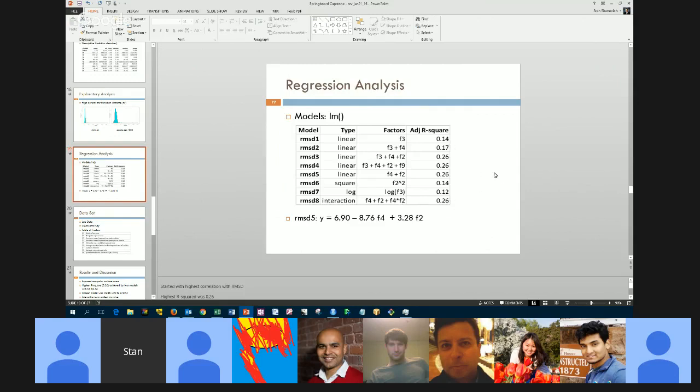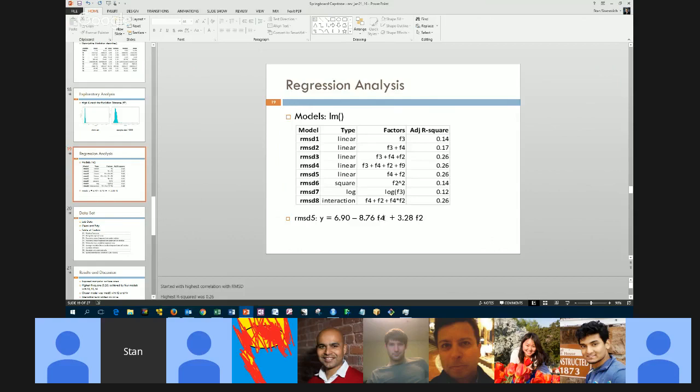So the best out of all these, keeping in mind this is still an exploratory analysis, looks like it's RMSD5, because we got the 0.26 R squared, and we only had 2 factors, so it's nice and simple. And here's what the regression looks like. And maybe if we have effects something like this going on, that explains our bifurcated data set.